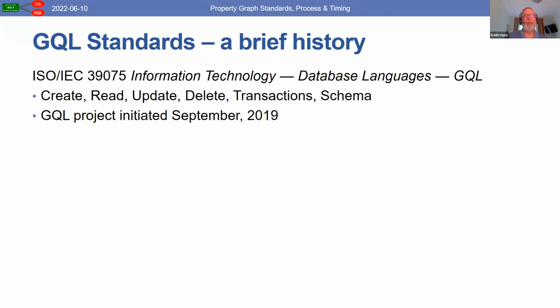GQL, the project was formally initiated in September 2019. So we're 3 years into it. We're making progress. And I'll talk a little more about that later. But GQL is a full database language with create, read, update, delete, transactions, and schema.